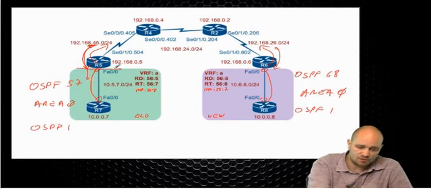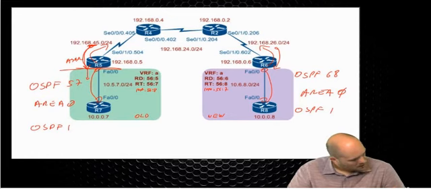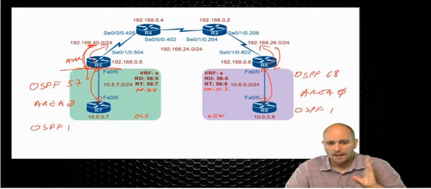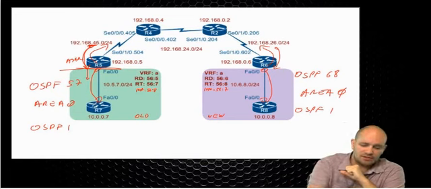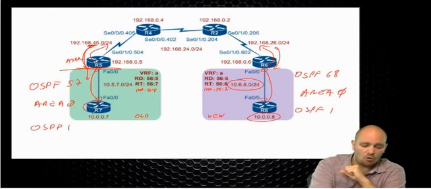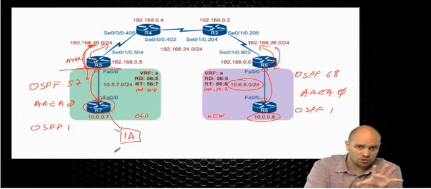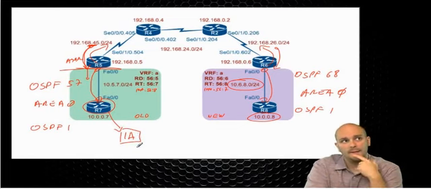When we redistribute the routes, this router becomes the ASBR, and it injects the routes as type 5 LSAs. This is all perfectly fine. Now, the task in the lab says to make sure that this route and 10.6.8.0/24 are visible on R7 as inter-area routes, so not as external routes like we have now, but as inter-area routes.